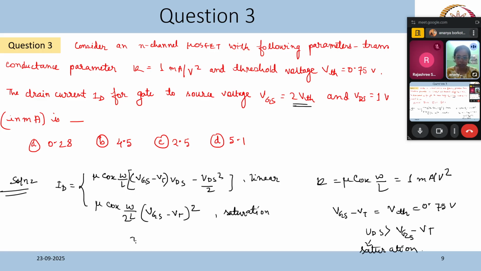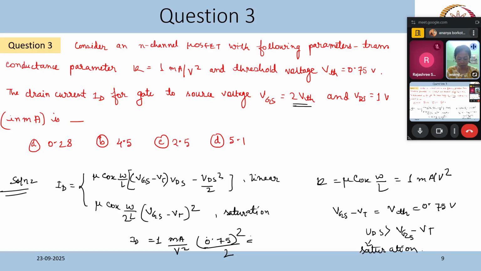So our ID will be 1 milliampere per volt square, VGS minus VT is 0.75 square. What is the value? Oh, this is by 2, right? There will be this 2 term.